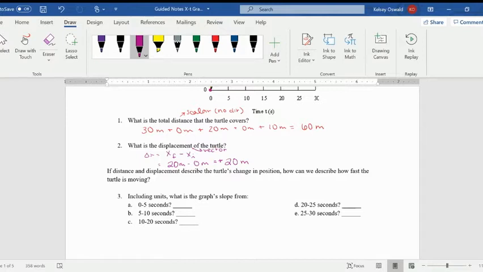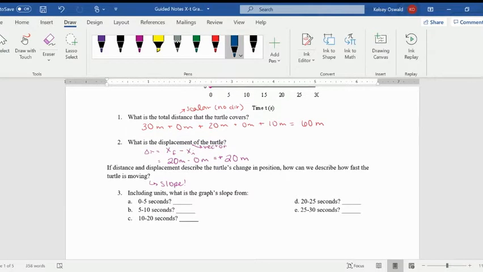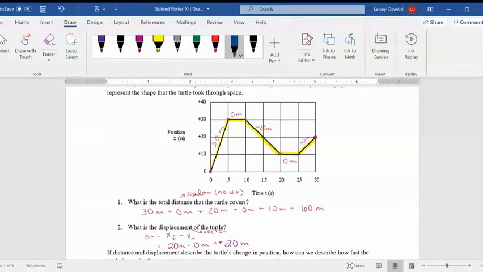We talked about in our Buggy Lab discussions that we can tell how fast our object is moving by looking at the slope. So in order to find how quickly the turtle is moving at each time frame, we're going to want to find the graph slope at each one of those individual time frames. Go ahead and take a second and find your slopes for each of these individual time frames based off of this graph.